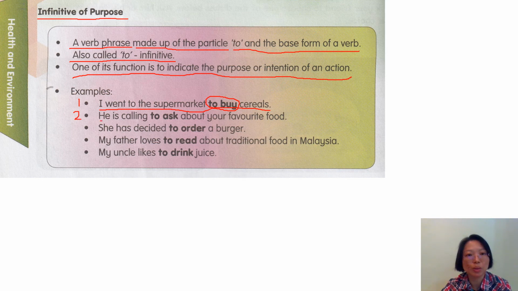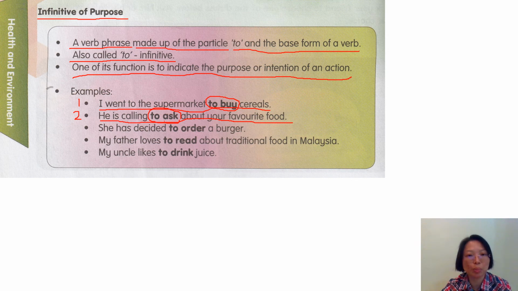Okay, now let's look at example number 2. Example number 2 here says he is calling to ask about your favorite food. So the to infinitive or the infinitive of purpose here is to ask. Okay, and the ask here is in the base form.